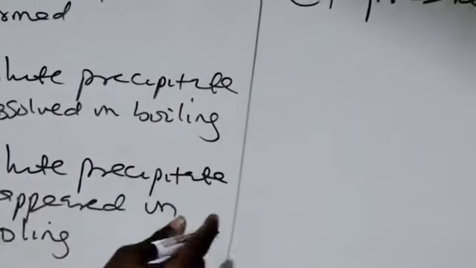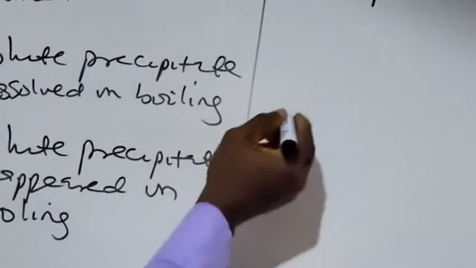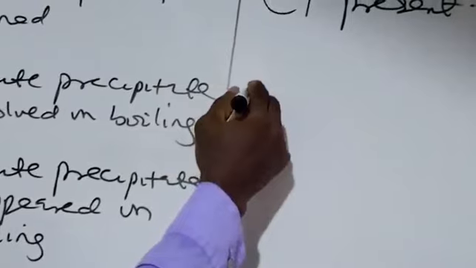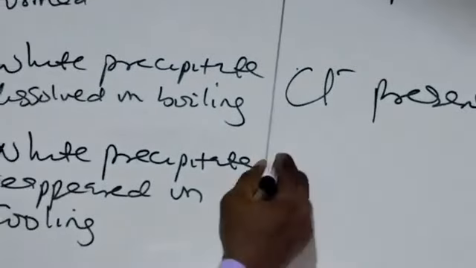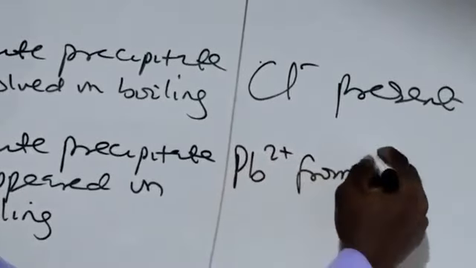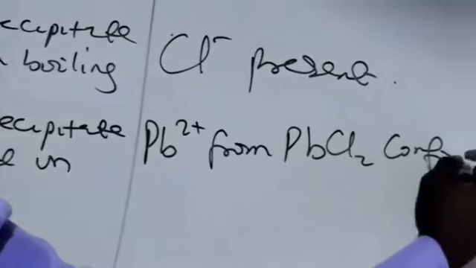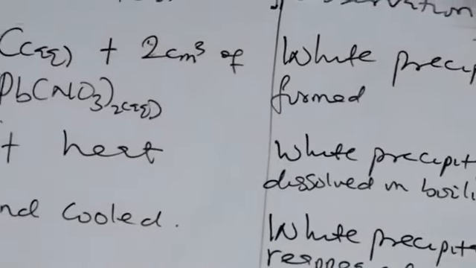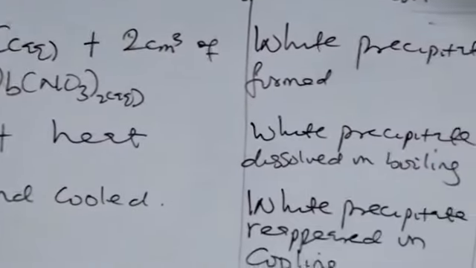For this one, white precipitate formed, we still write lead(II) present, which indicates lead(II) or chloride present. Then here we write lead(II) ion from lead(II) chloride confirmed. Take a minute to go through our work before we finalize this analysis.